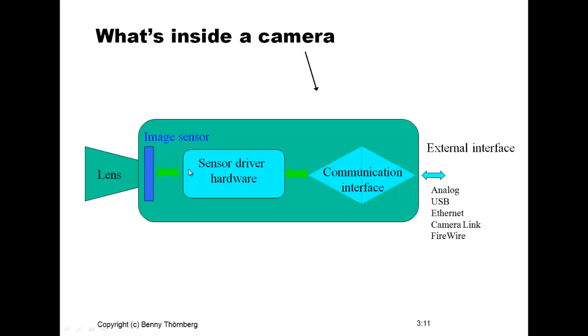This hardware is synchronizing and sending pixel data further to a communication interface. And this interface is then used to send a stream of video to a host computer. But today we will focus our discussion on the camera connection and these interfaces.